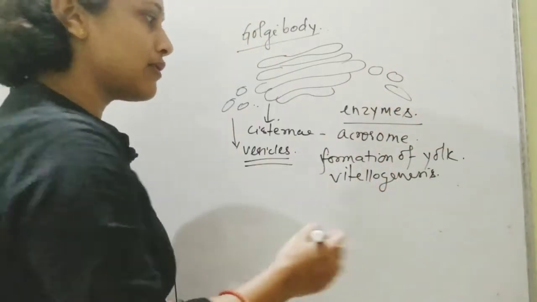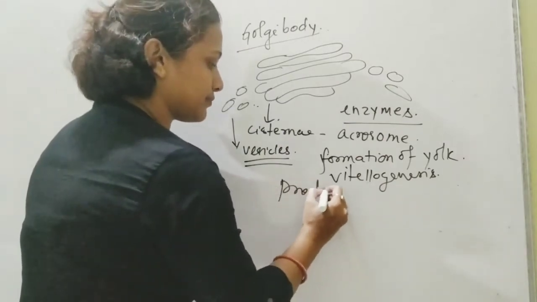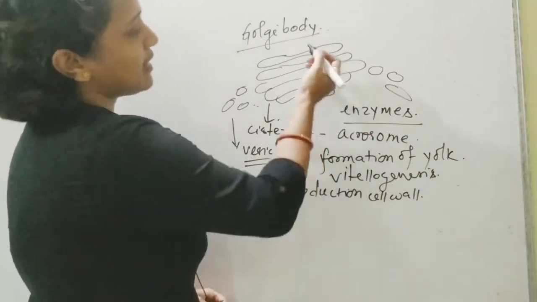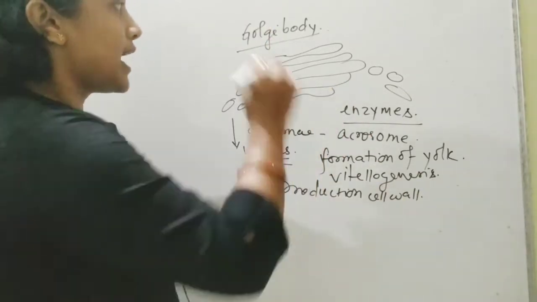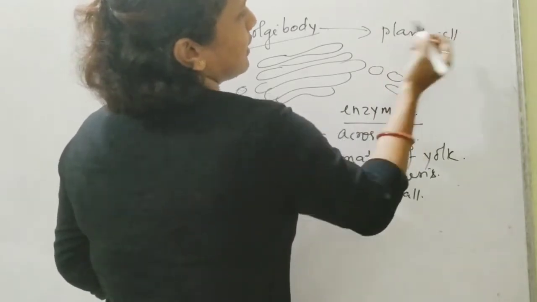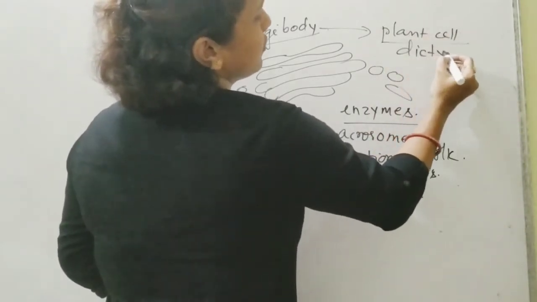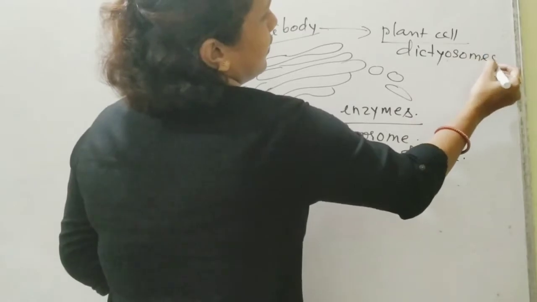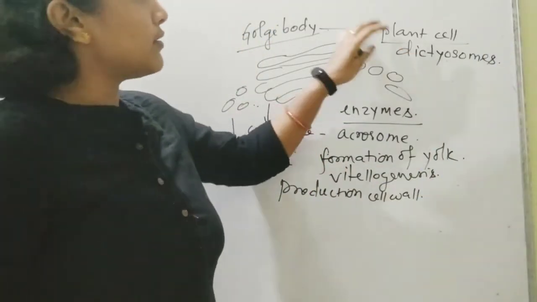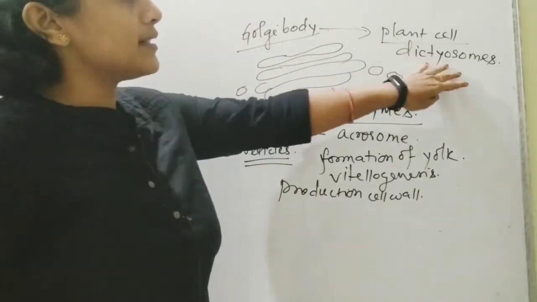Even when we talk about the production of cell wall and cellulose, where does that come from? It comes from over here. And this Golgi body in a plant cell is called dictyosomes.